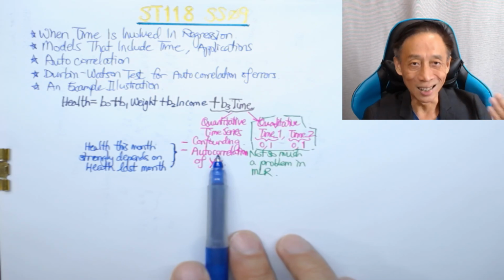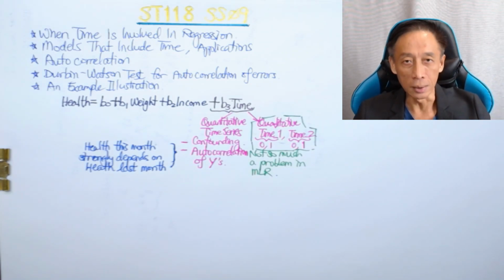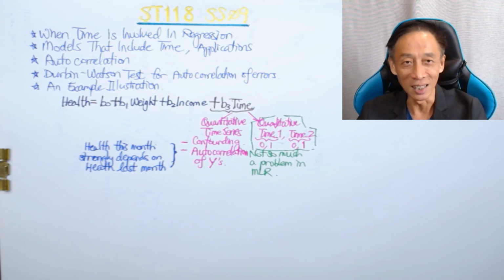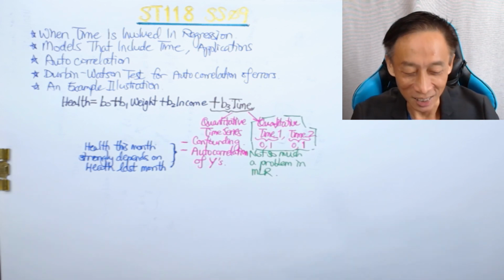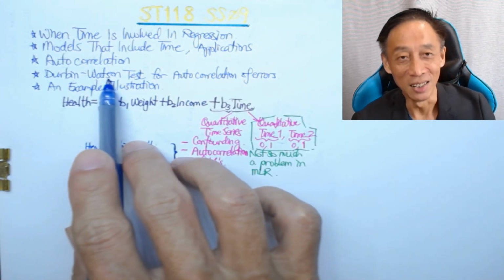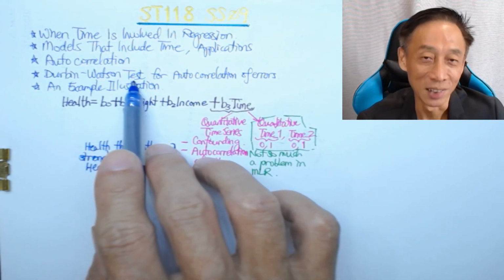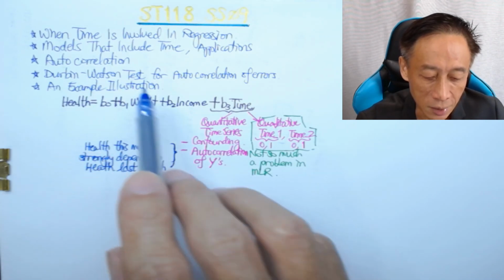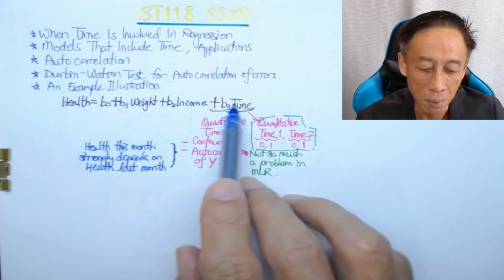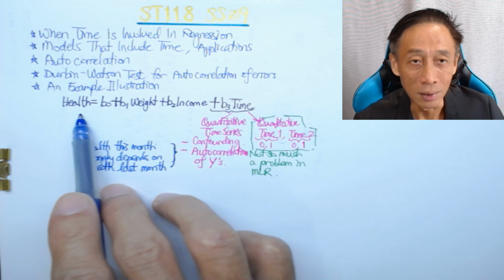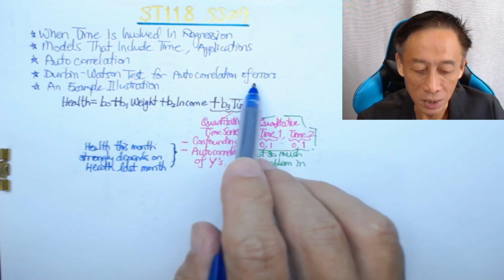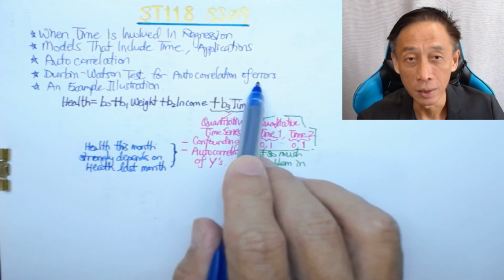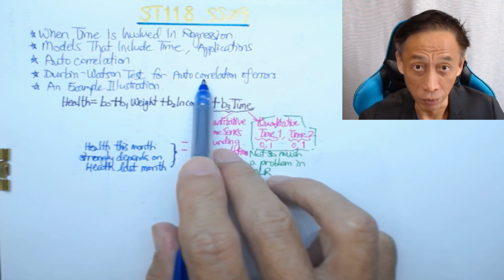So is there autocorrelation? That is the question to be studied. That means we need a detector. The detector is certainly the Durbin-Watson test. But that's not to test solely for health. The Durbin-Watson test is to test for this entire model whether the residuals contain autocorrelation with each other.